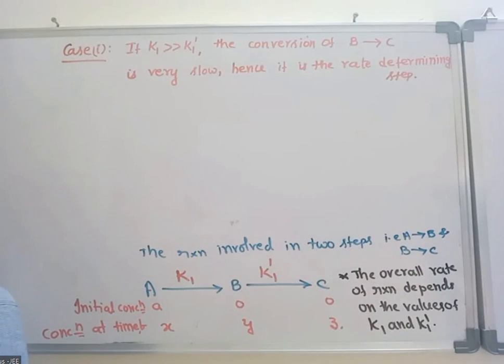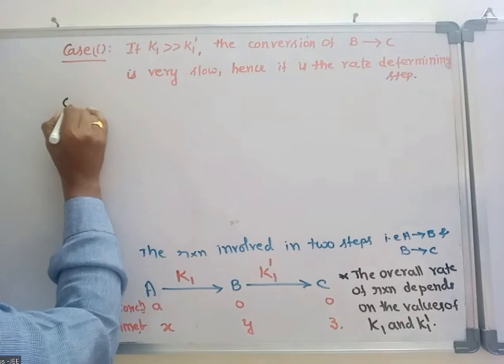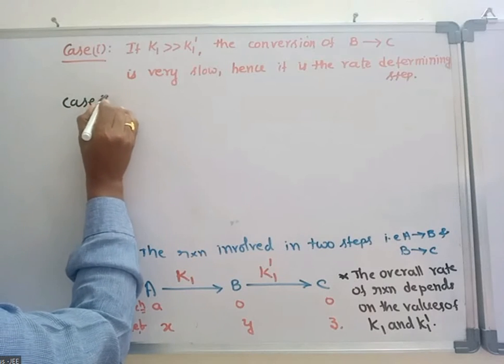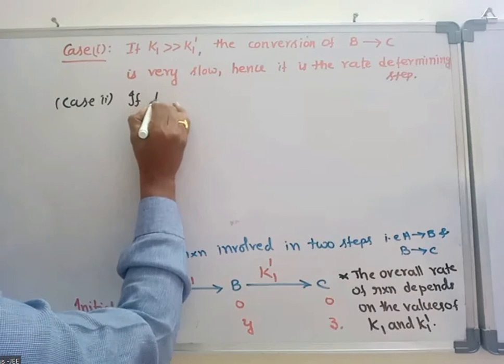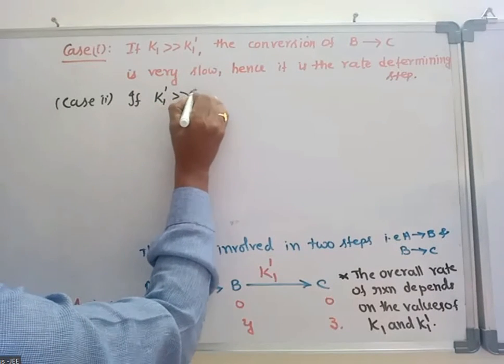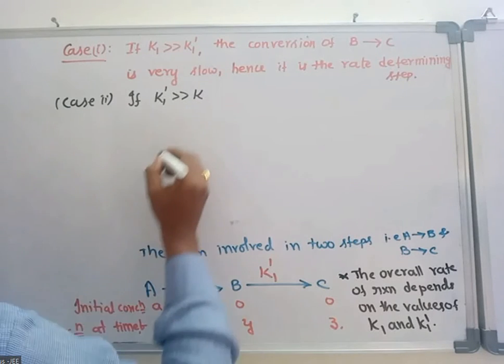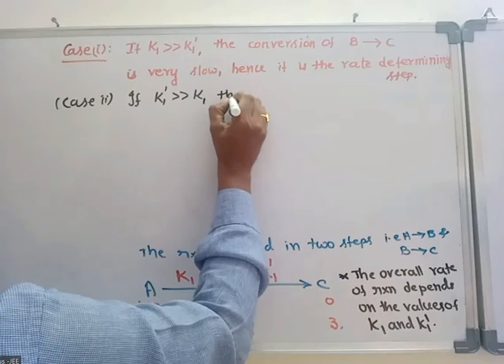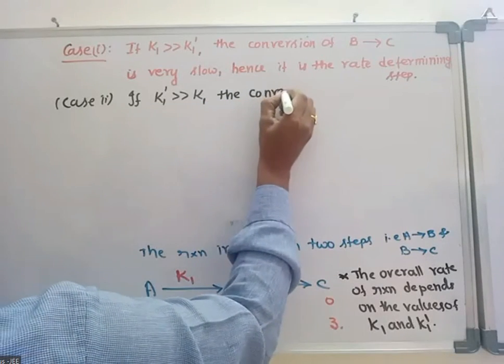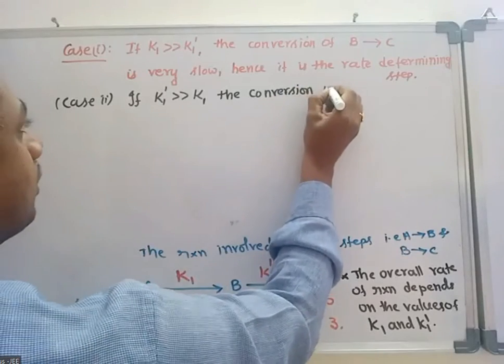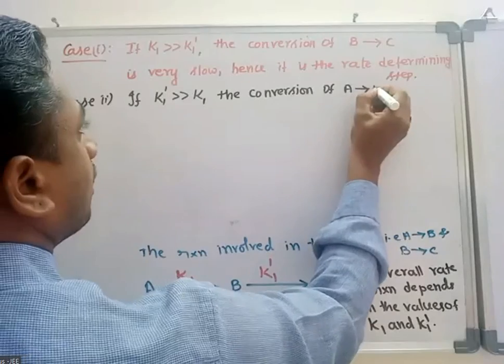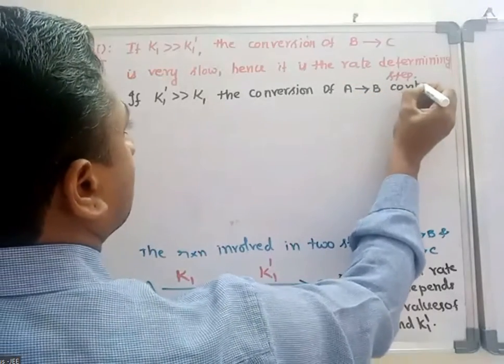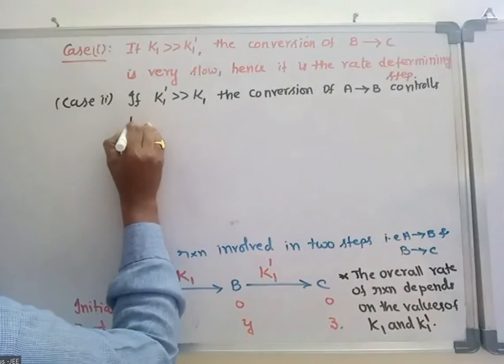Case 2. If K1 dash is far greater than K1, the conversion of A to B controls the rate of reaction.